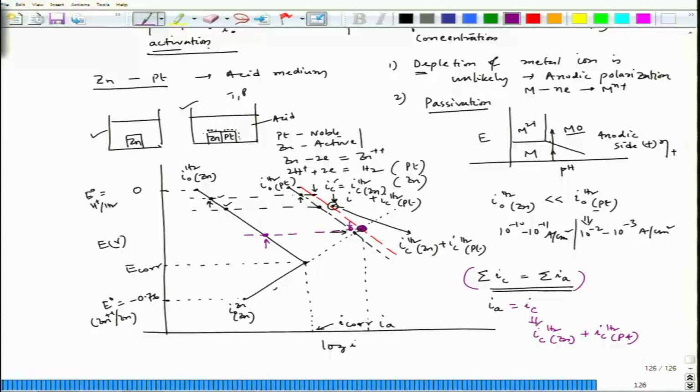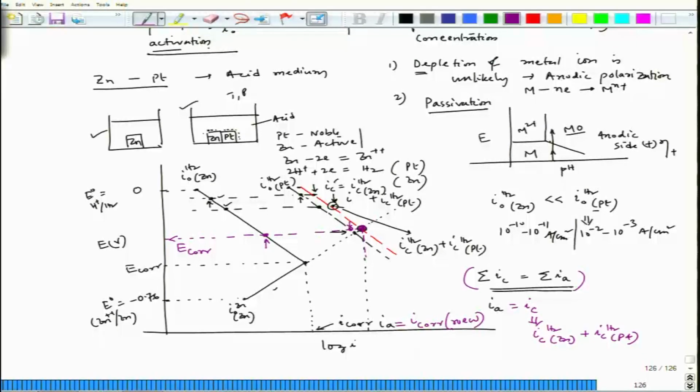That means, since IC and IA flow in opposite directions and are of equal magnitude, there will be no net current density. So now this particular potential would be the new E core, and the corresponding current density, which is IA, is basically the new I core.